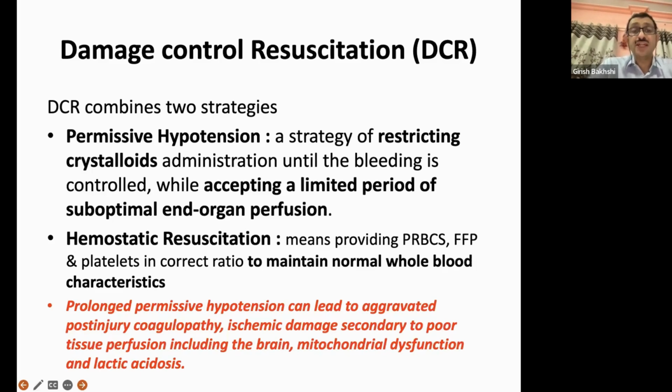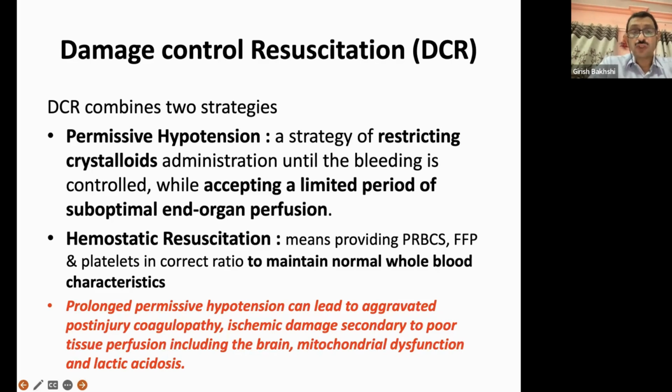So before you decide on this, please rule out that this patient's GCS is 15/15 or there is no element of head injury. At the same time, there is something which is known as hemostatic resuscitation. There were 3 trials conducted in Europe as well as in America, where they found out what should be the ratio of packed RBCs, FFP, and platelets in patients who will require massive transfusions or those patients who are in coagulopathy and you want to correct it.